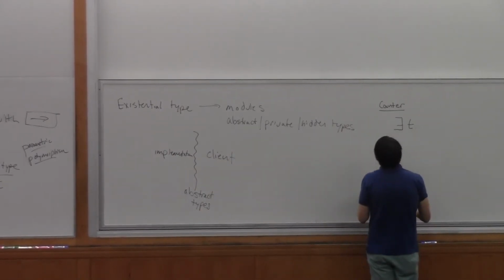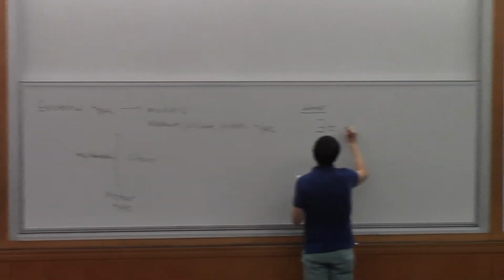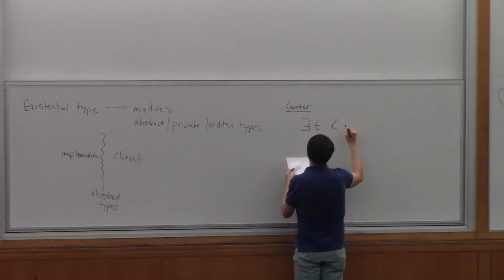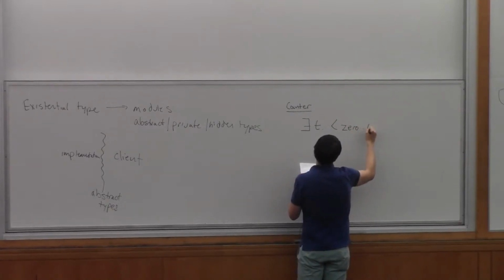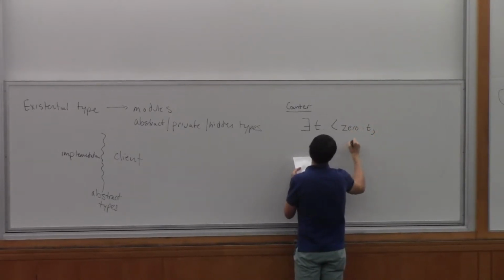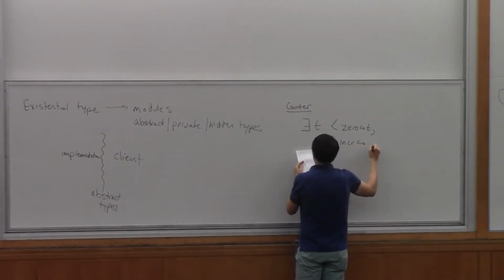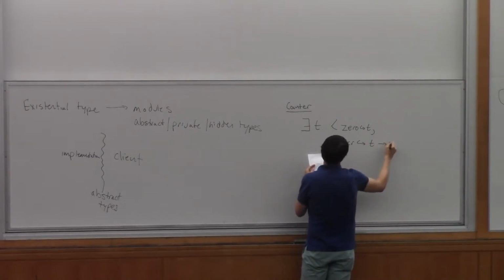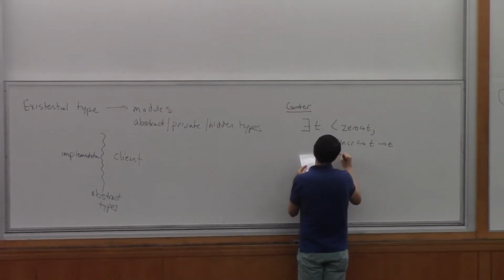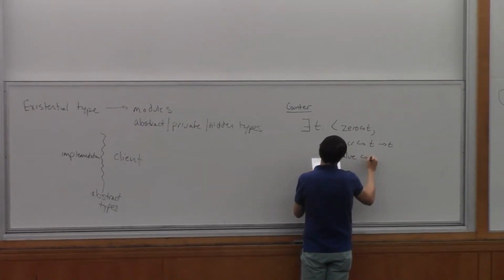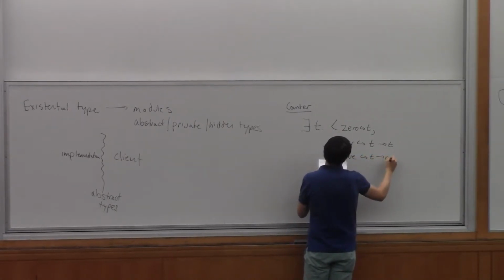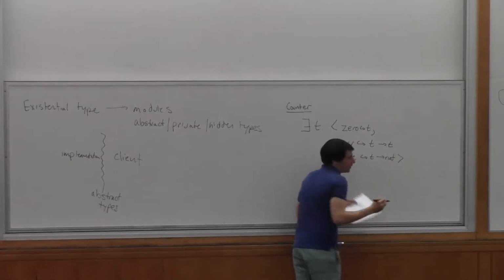There's some existentially quantified type t along with the following operations. Zero is a t. I guess use that notation. Increment takes a t to a t, and value takes a t to a nat.